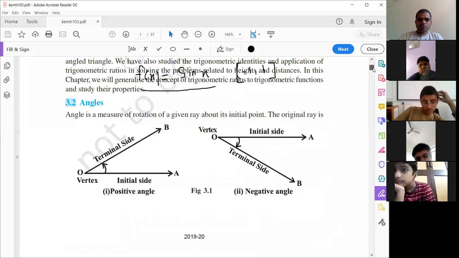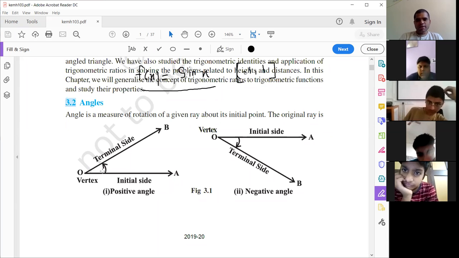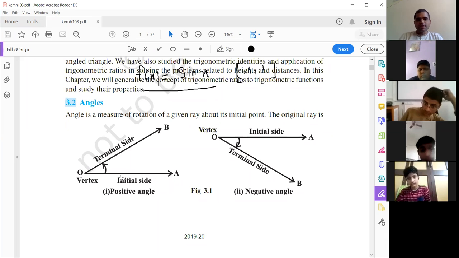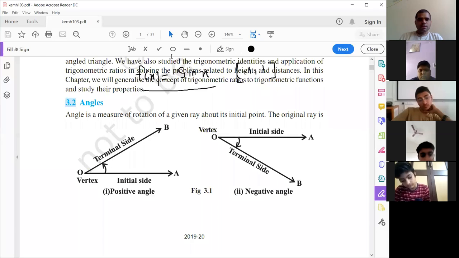So here is the measurement of angle. You can see this figure. If there is a straight line OA, and this line is fixed at point O. Now if you rotate this line anti-clockwise, let's say this angle is theta.